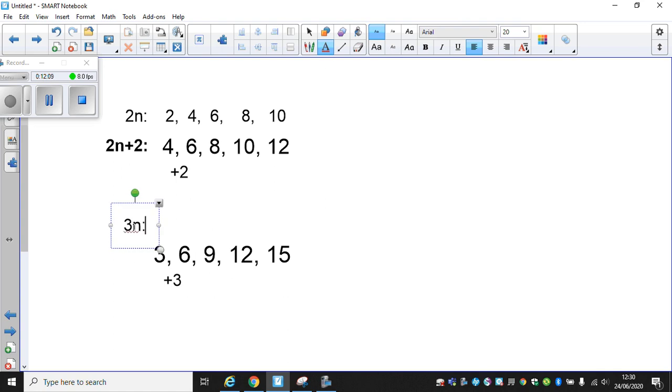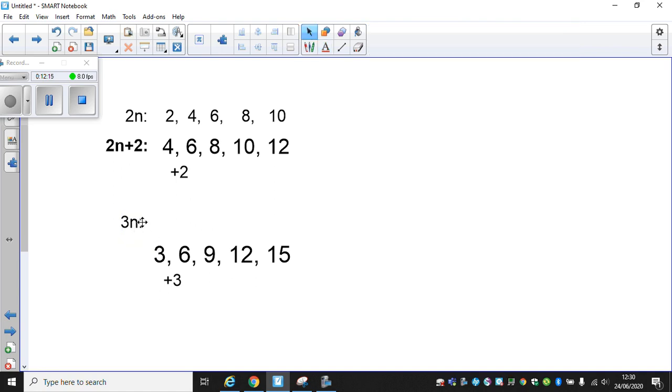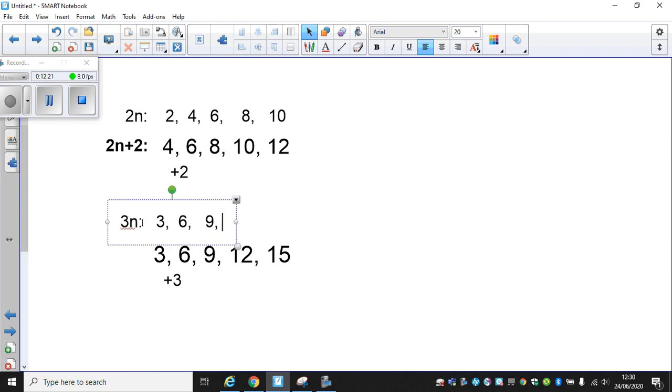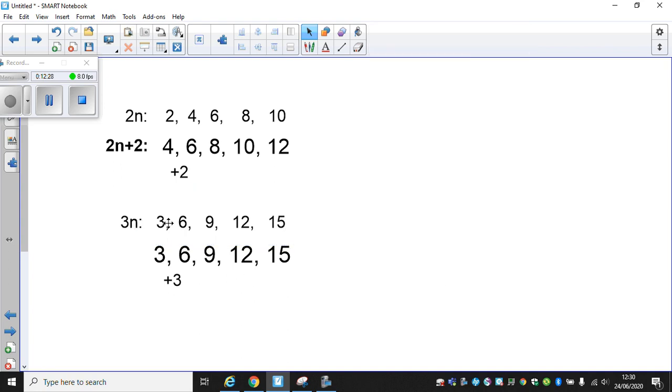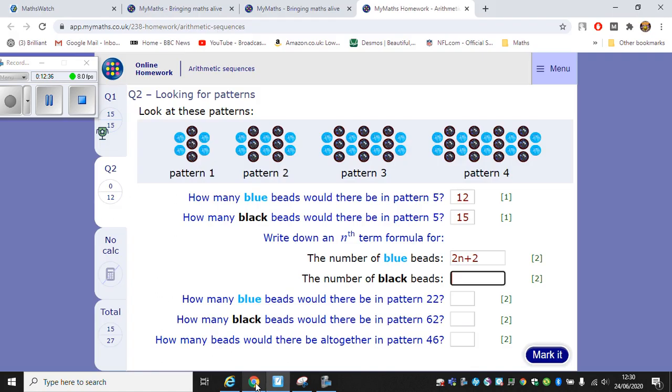So it's going to involve the rule 3n. So what is the 3n sequence? Is that going to look like 3 times 1, 3 times 2, 3 times 3, 3 times 4, and 3 times 5? Well, look at that. That's the sequence that we have. So we just got the 3 times table, which means our rule is simply going to be 3n.